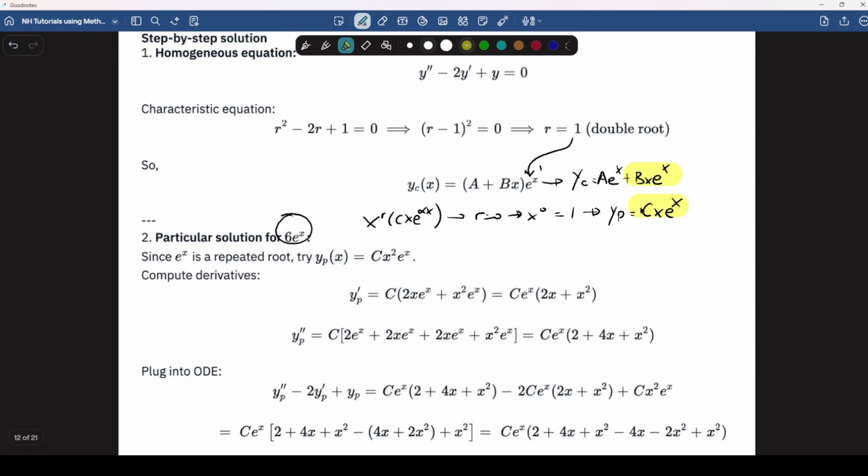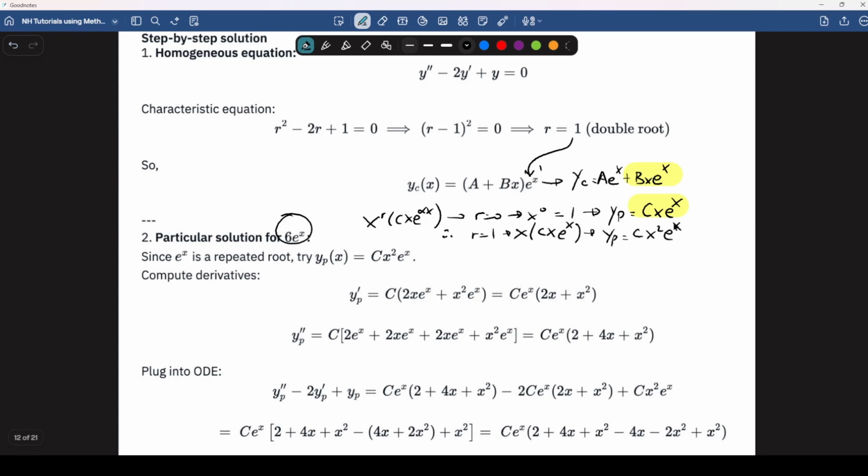It doesn't matter if it's b or c, it's a constant. So we have a constant times x times e to the power of x. Therefore we cannot use r equals 0. Therefore we change to r equals 1. That gives us x to the power of 1 times a constant times e to the power of x, with alpha being 1. So that gives the next yp to be c x squared e to the power of x.